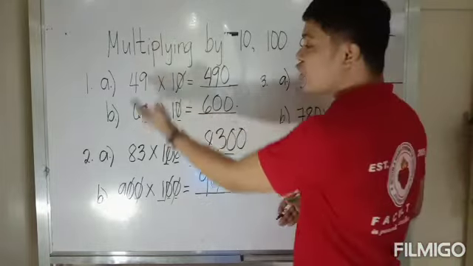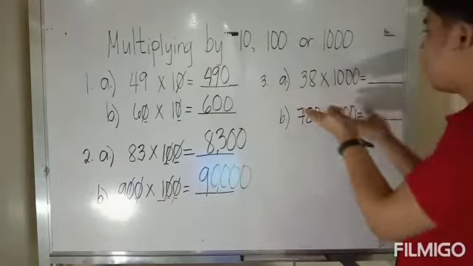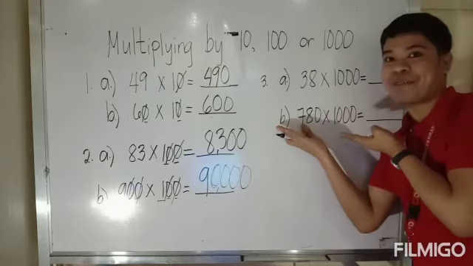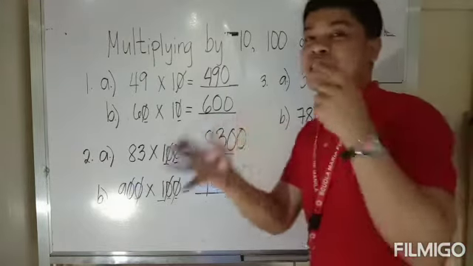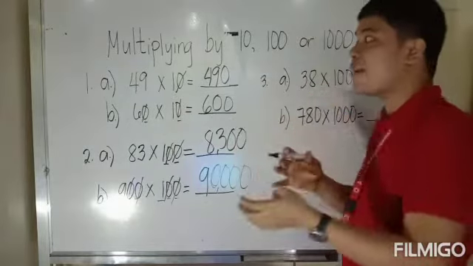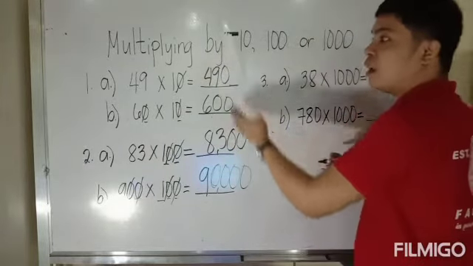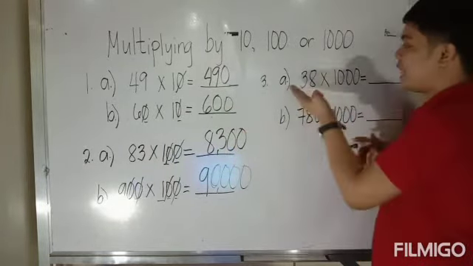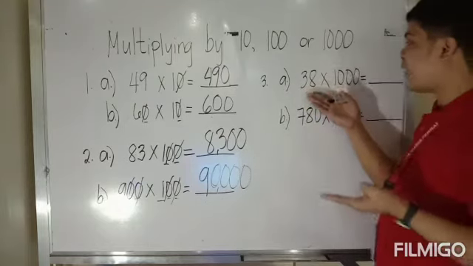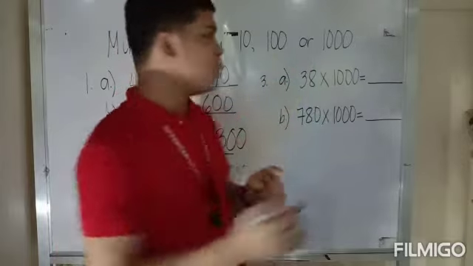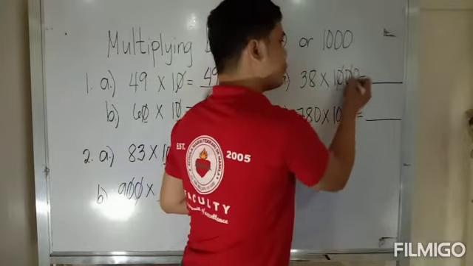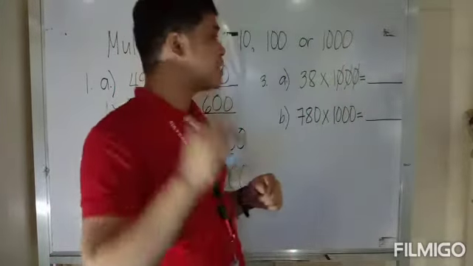Now we're done with 1 and 2. I have here problems in number 3. We'll also find the products of these numbers. Very easy, just do the same steps as in number 1 and number 2. So let's find the product of 38 and 1000. Cancel the zeros: 1, 2, 3. There are 3 zeros that you canceled.